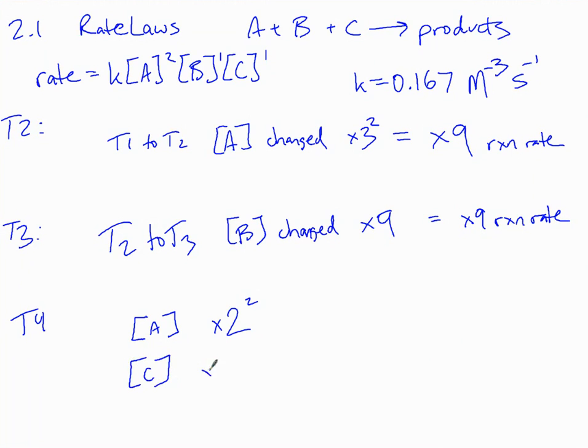The concentration of C was times 2, but it's to the first power here. So times 4 and times 2. Overall, we saw a times 8 increase, right? From 2 to 4, the reaction rate is 8 times the rate of 2.